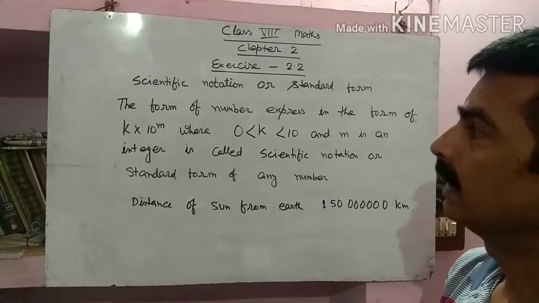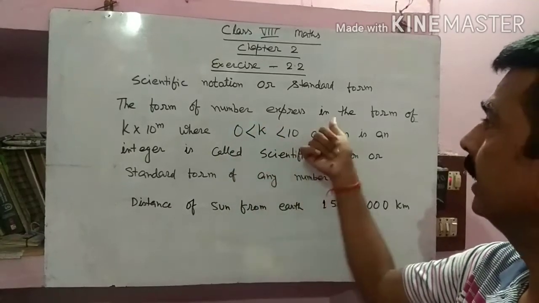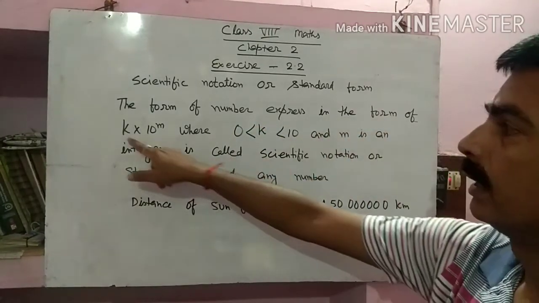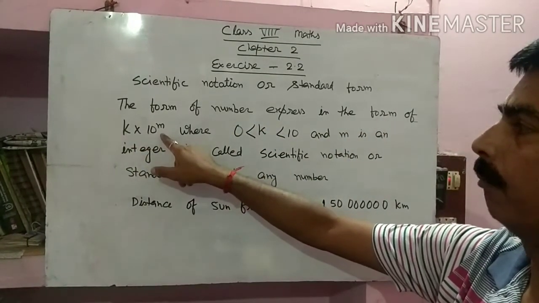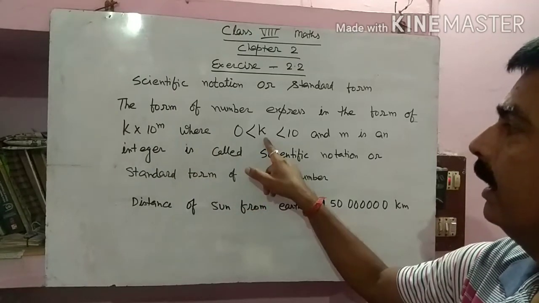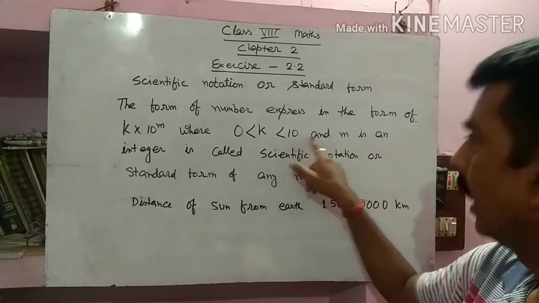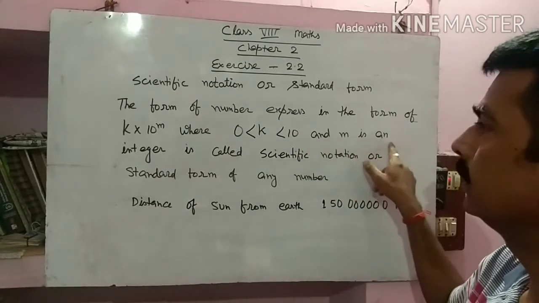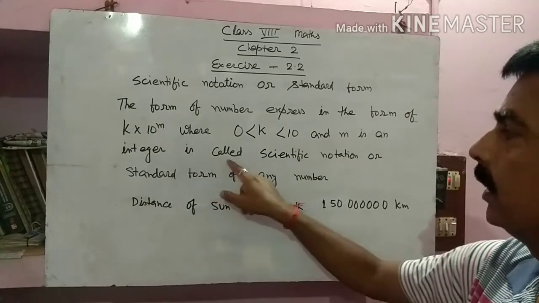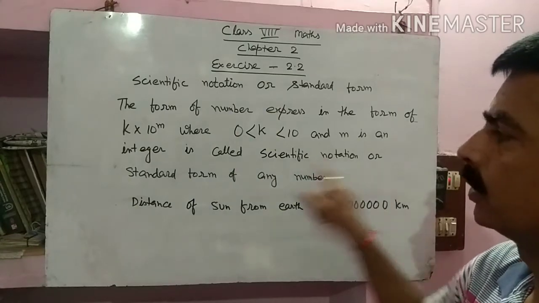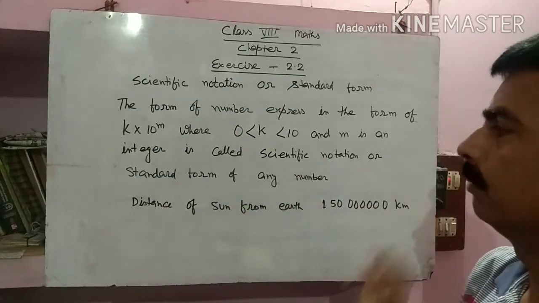Okay, so first of all, the question is, what is the standard form or the scientific notation of any number? A number expressed in the form k into 10 to the power m, where k is greater than 0 and less than 10 and m is an integer, is called scientific notation or standard form of that number.